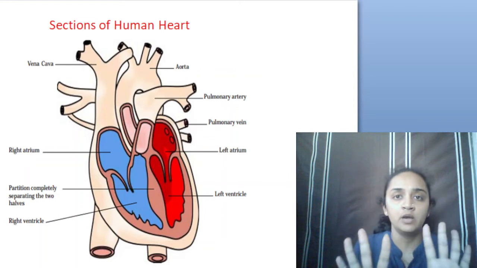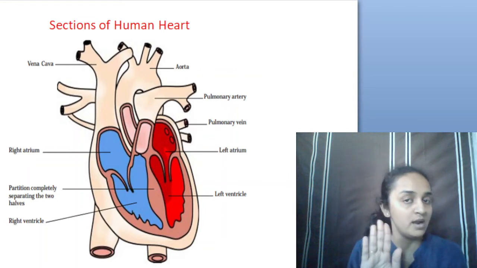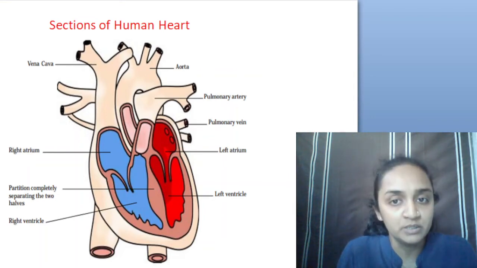So, understood, 4 parts are present in a human heart.